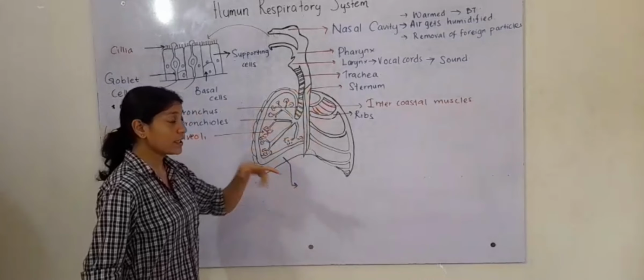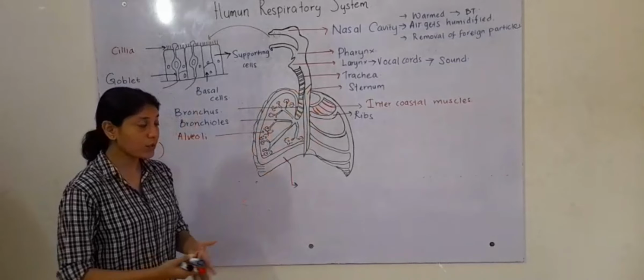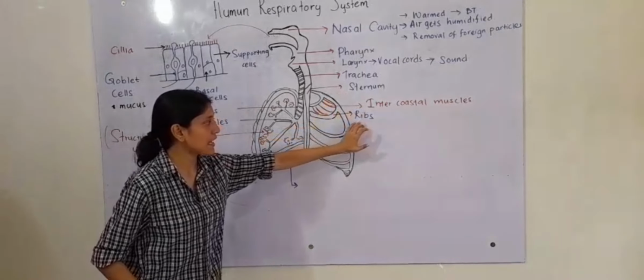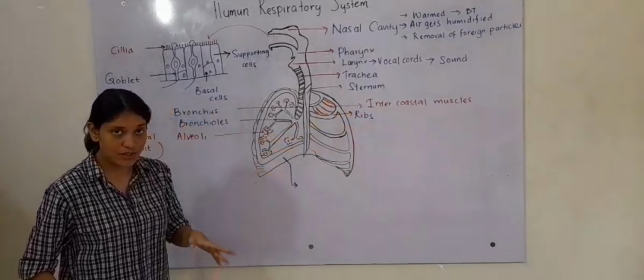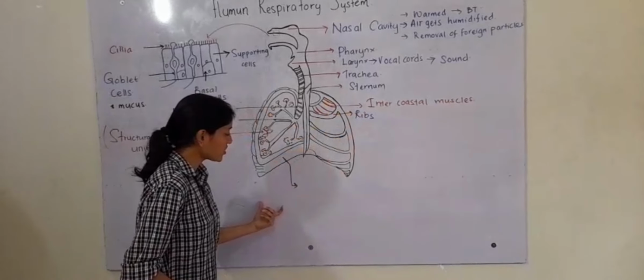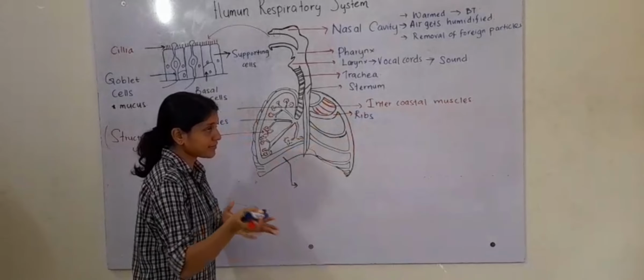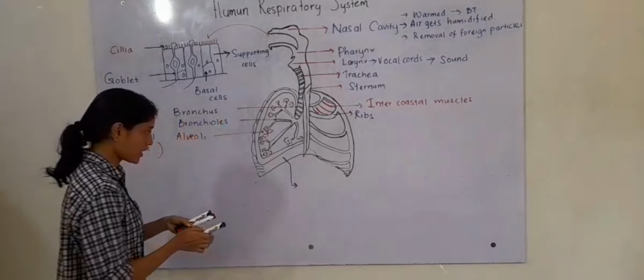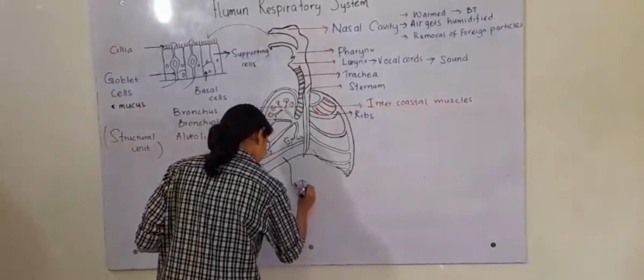Understood? So during ventilation, your sternum, intercostal muscles and rib muscles are used. Understood? So, people, another important structure is also functioning in ventilation. That is your diaphragm.